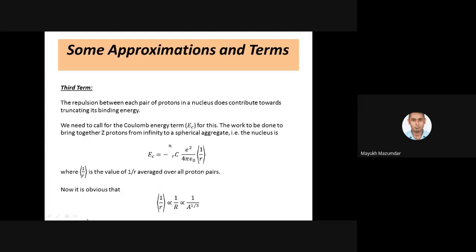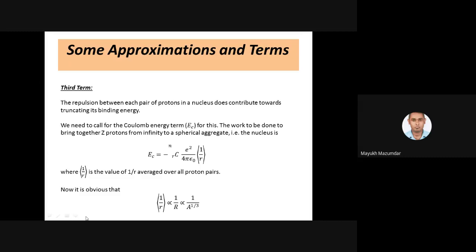The third one we will discuss tomorrow. The third one is due to the electrostatic force. Can you tell me what kind of electrostatic force there is inside the nucleus? No, apart from nuclear force, electrostatic force means what?